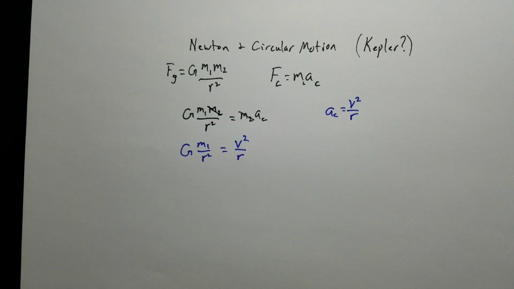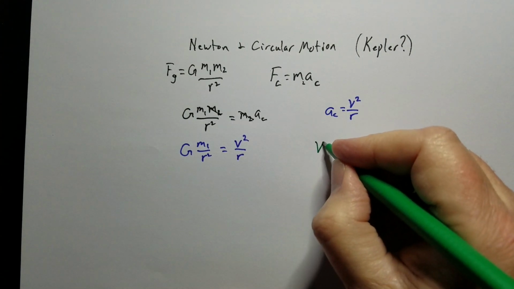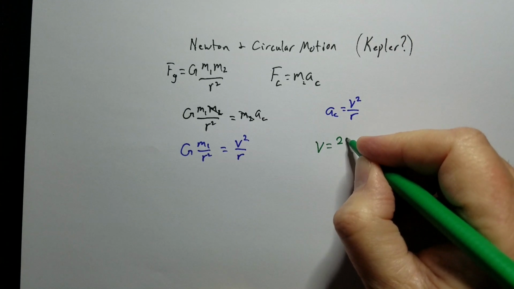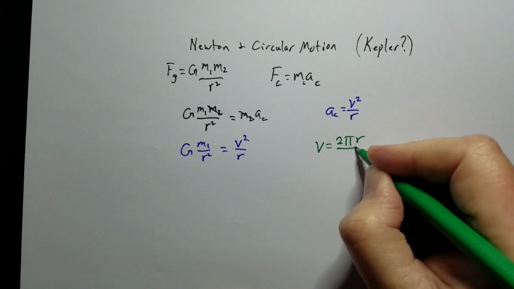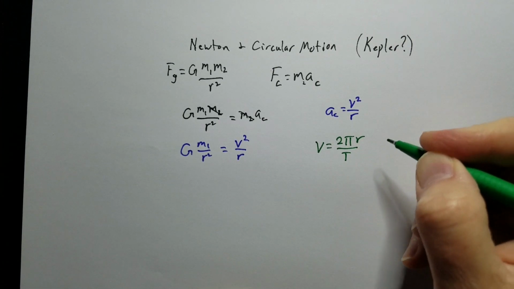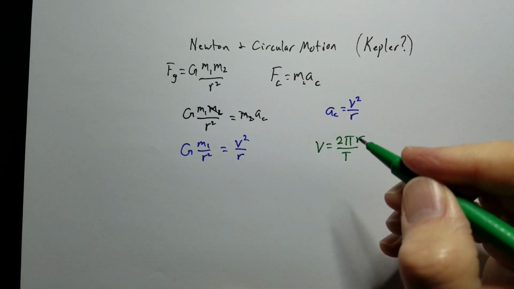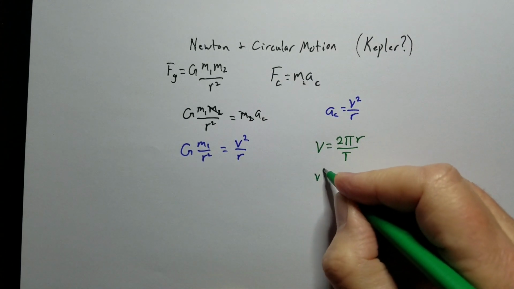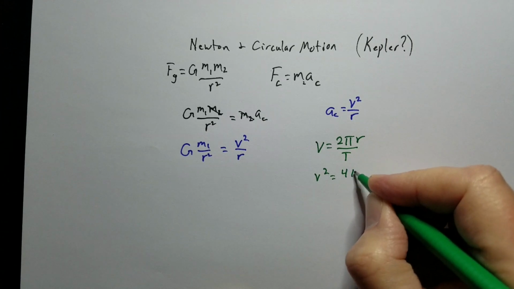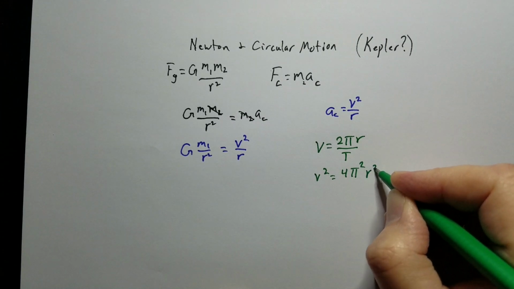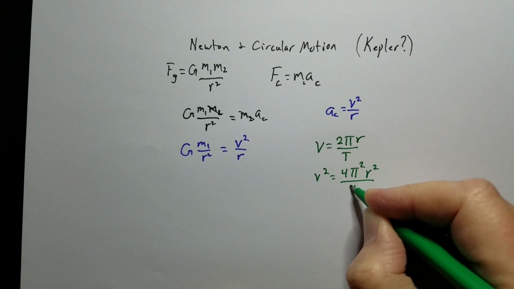Well, velocity is equal to 2 pi r over the period. Substitute this into there. Now it's squared, so v squared would be 4 pi squared r squared over T squared.